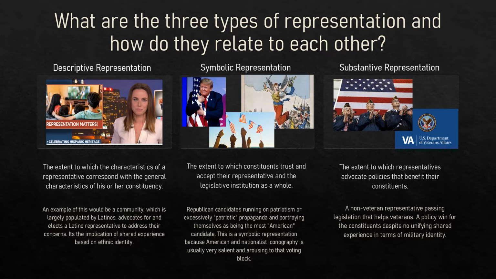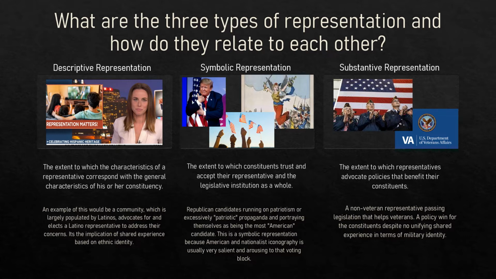So, first off, what are the three types of representation and how do they relate to each other? We were looking for descriptive, symbolic, and substantive. Descriptive is the extent to which the characteristics of a representative corresponds with the general characteristics of his or her constituency.